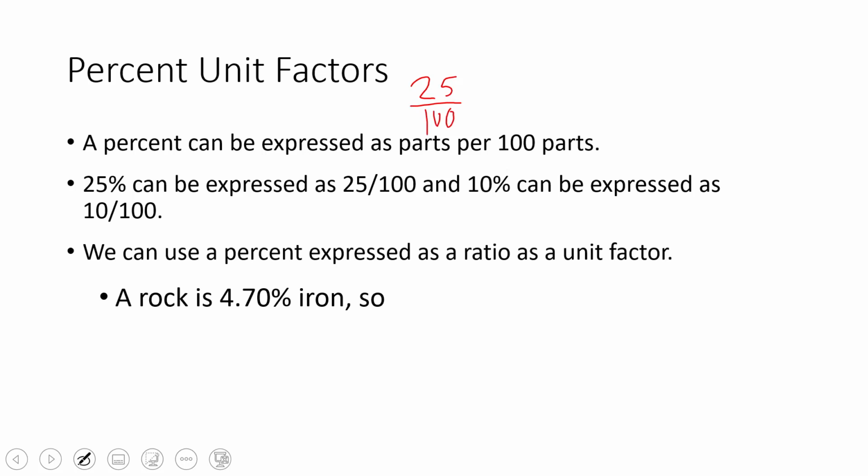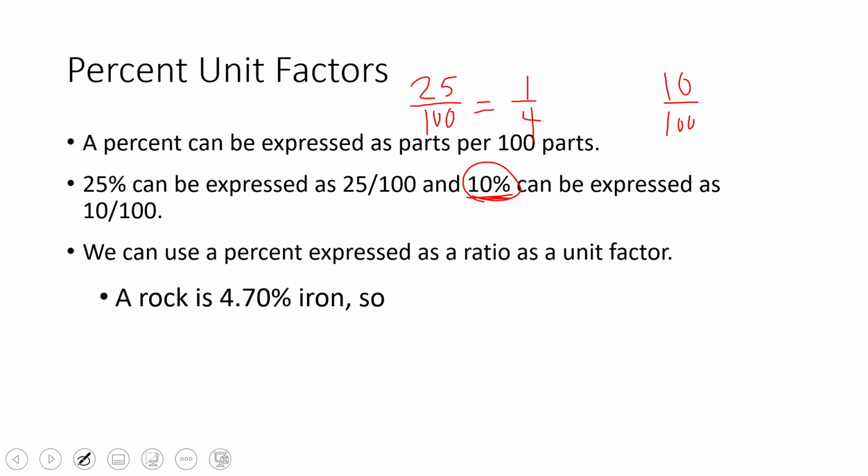And then we know that this could be reduced down to 1/4, right? 10% can be written as 10 over 100. And we know that this can be reduced, but we can take percents and write them as parts over 100.